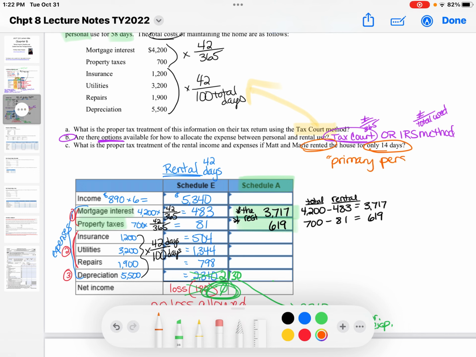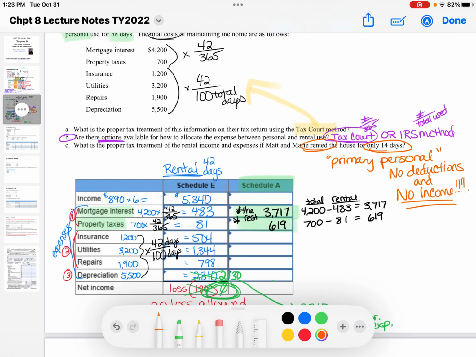We're going to have another example soon on this, but this is seriously mind-blowing. When you rent the house for 14 or less days, guess what? There's no deductions. But that sounds bad. However, there's also no income. That's huge, huge. No income.